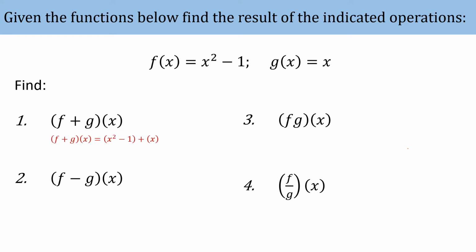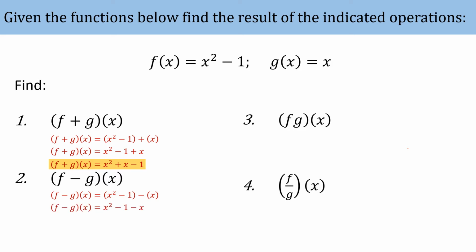For the first example, we simply add the definitions of the functions, which is x squared minus 1 and x. We take the terms out of the parentheses and simply add them together. Because there are no like terms here, we just rearrange them to be in standard form. For the second example, we subtract the definitions, f of x minus g of x, take it out from the parentheses, and rearrange.